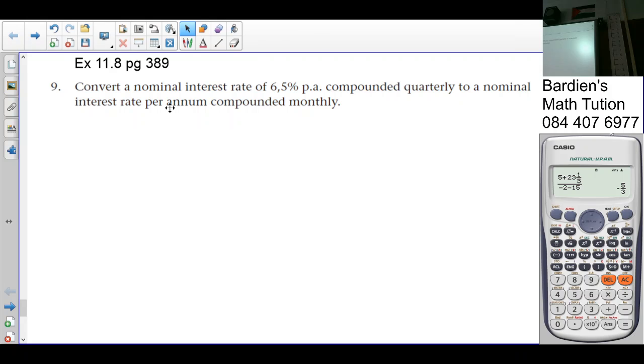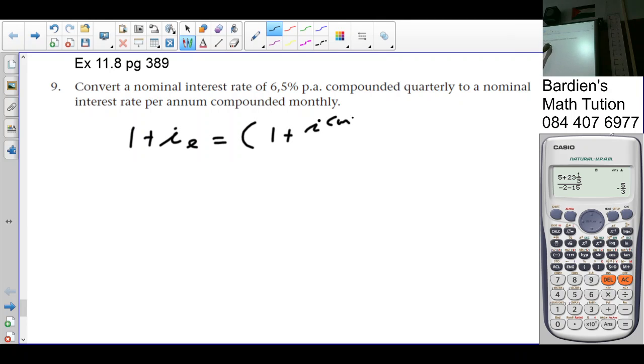Listen, if you look at it this way, the first part is compounded quarterly. So I use the formula 1 plus i effective equals (1 plus i to the m over m) to the m. In this case, compounded quarterly, it's (1 plus i to the 4 over 4) to the 4.